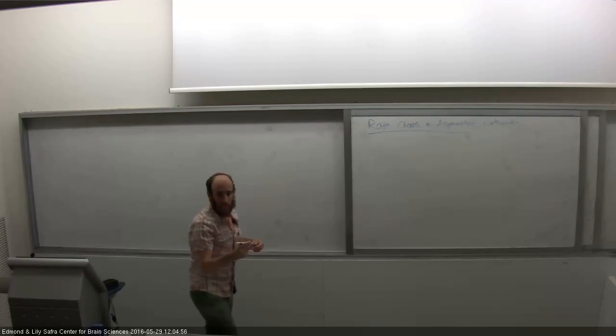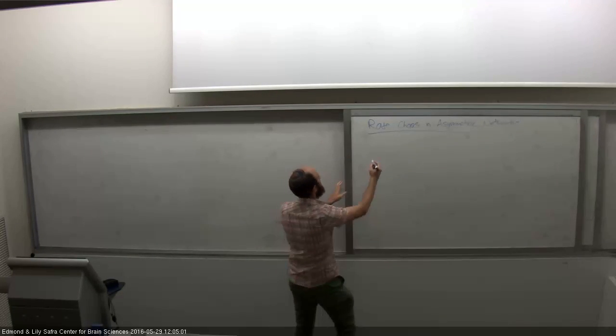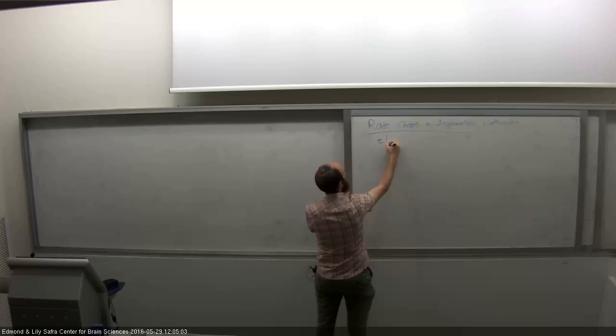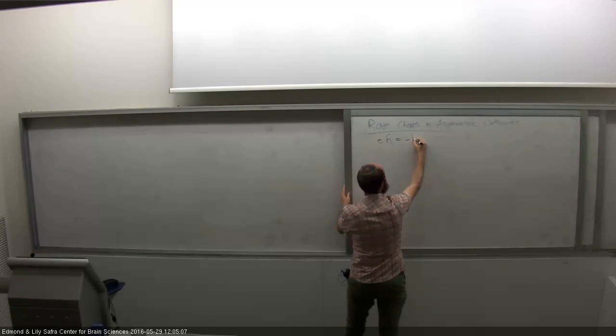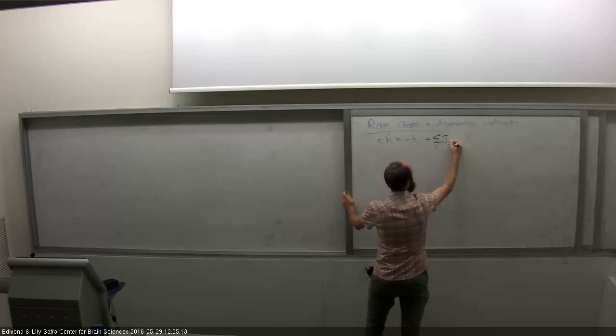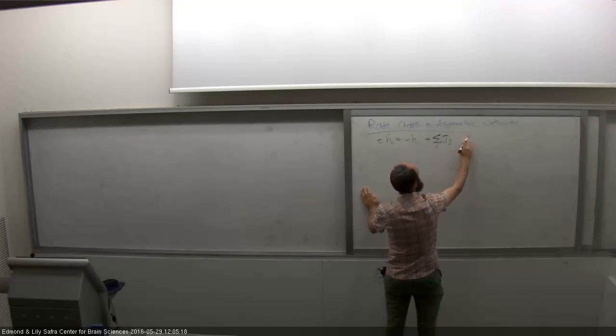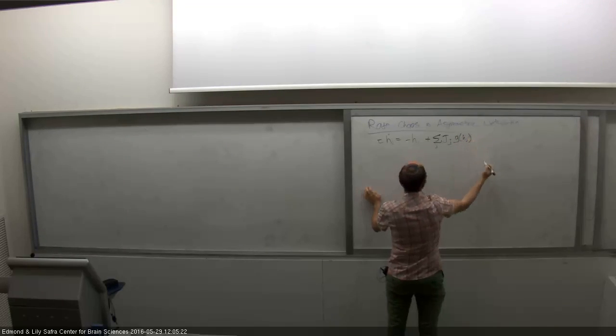Okay, so let's remind ourselves of the model we're talking about. We have tau h dot i is minus h_i plus the sum over j, J_ij, and then we have this transfer function g of h_j.